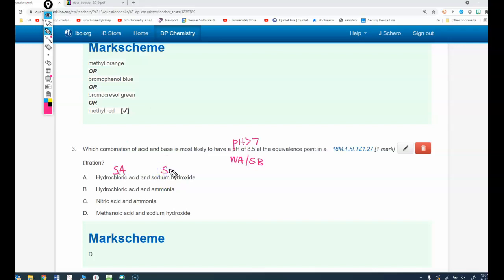Sodium hydroxide is a strong base. Hydrochloric acid is a strong acid, and ammonia is a weak base. Then we have nitric acid is a strong acid, and ammonia is a weak base. Finally, we have a weak acid and a strong base. So D, as you can see, should be our correct answer there.